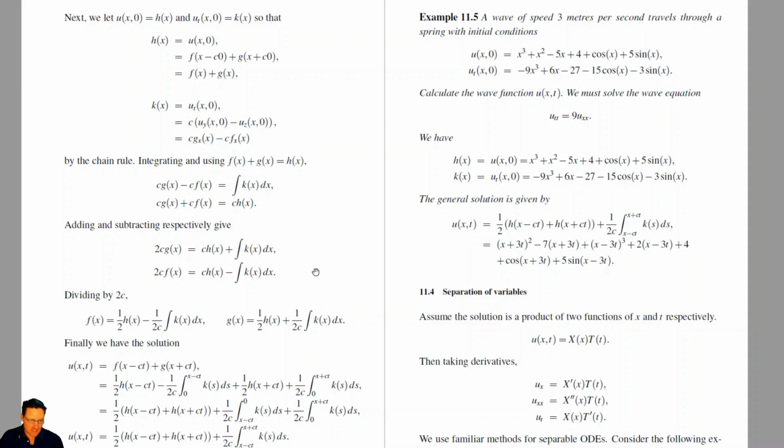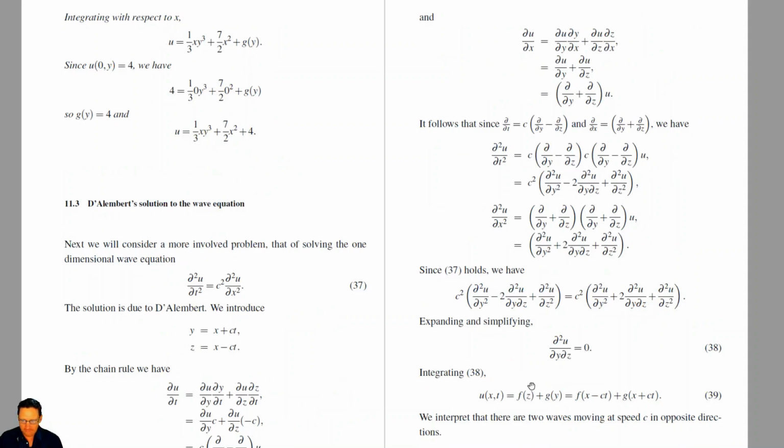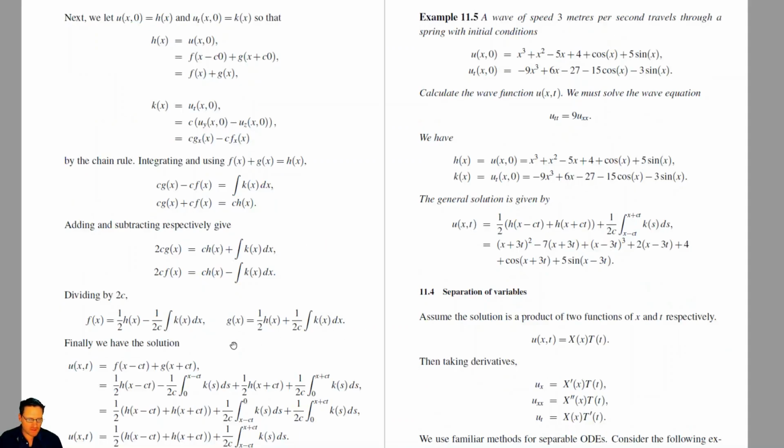And so we can sub in these two expressions we have now, replacing the x by x minus ct in f, and the y in g of y. Because now we know the general expression for g, we can replace that with x plus ct in here.